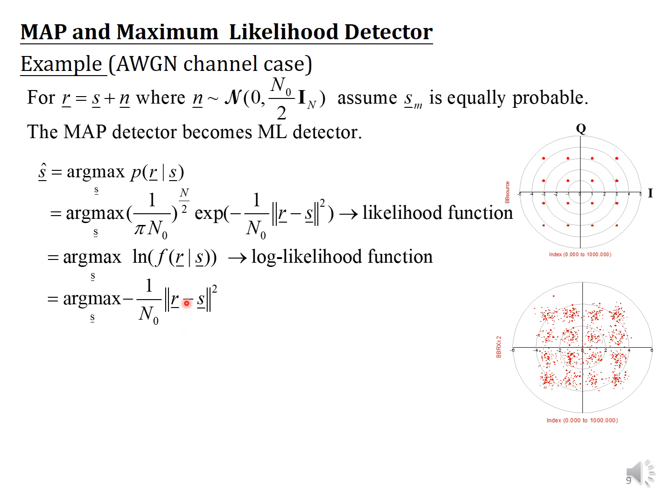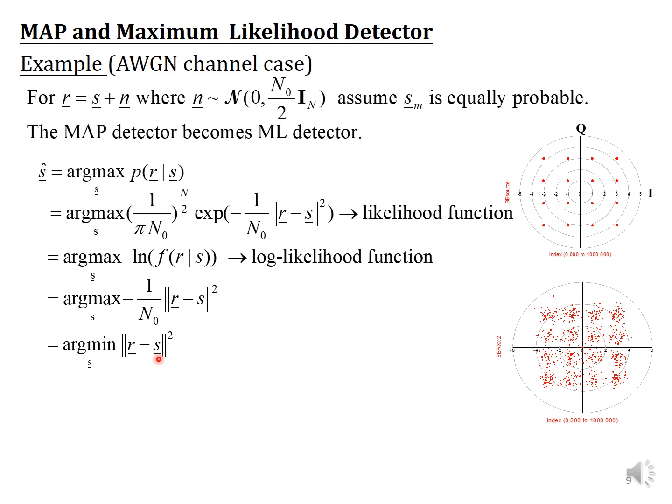We only need to compute the argument in the exponent. That would be the s that maximizes this exponent.